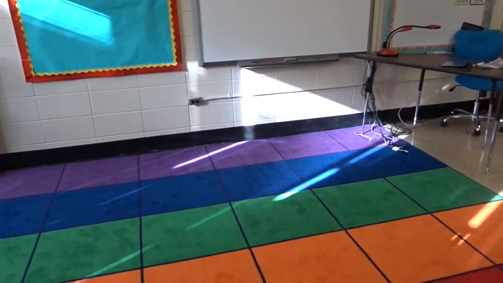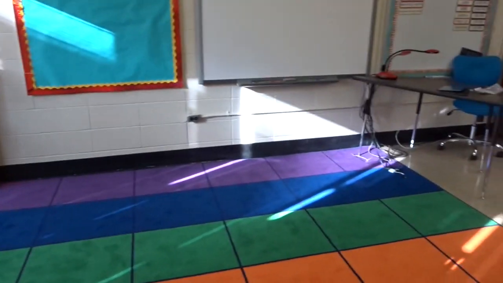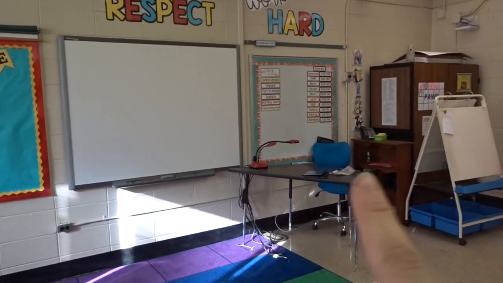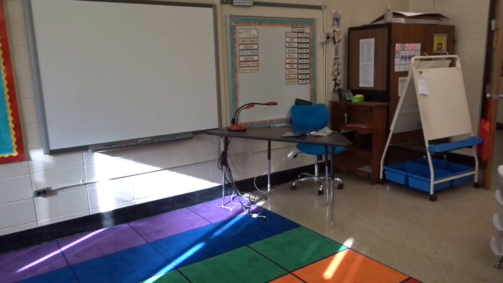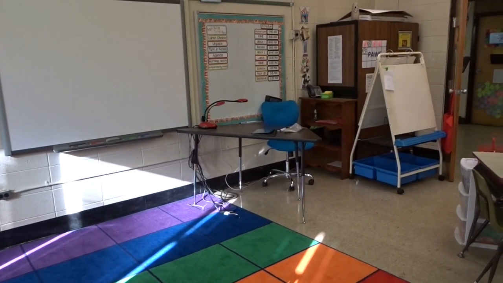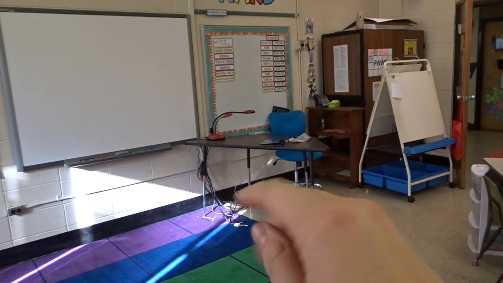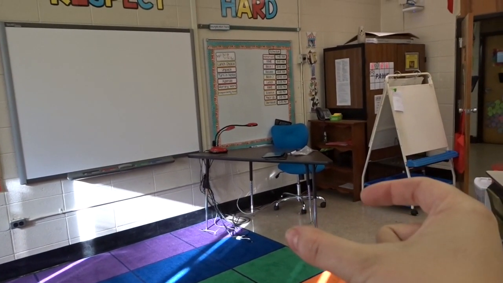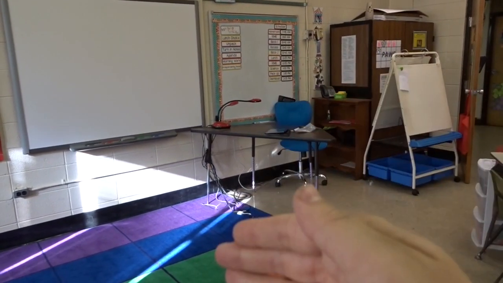I need my carpet more in the center of my room. So I'm gonna pull my desk back a little bit. I'll probably have it maybe not up against the wall either, more facing this way maybe. That way I can see the kids in front of me.